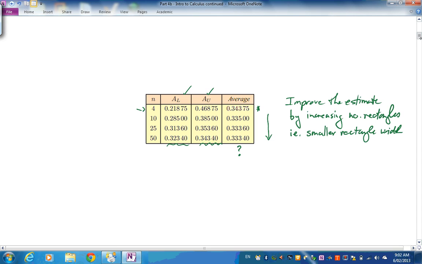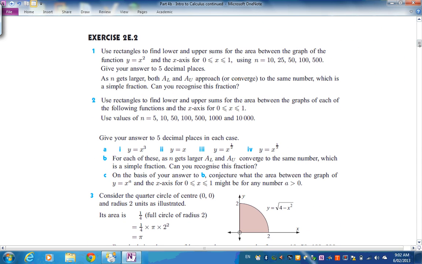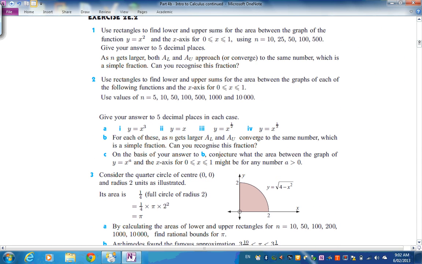Okay, let's come on down and have a go. Here are some problems now. And what I'd like you to do in a minute is to pause the presentation and have a go. You can see here what we've got is 5 decimal places and the following functions here, a lot of functions.